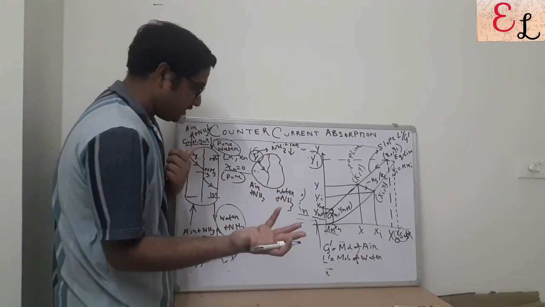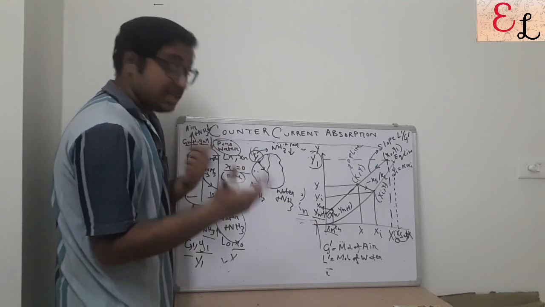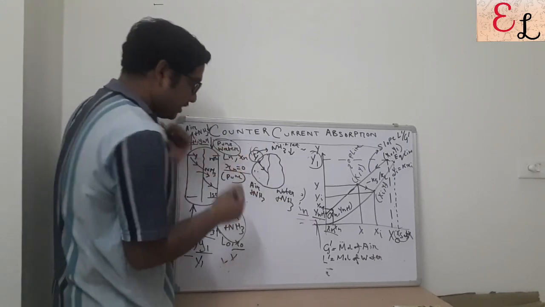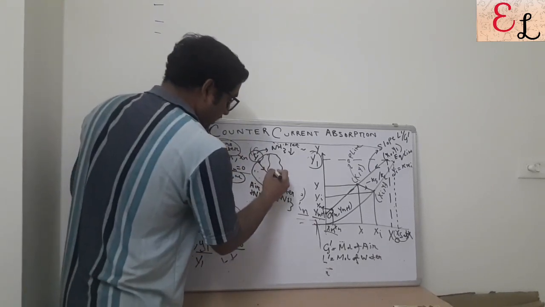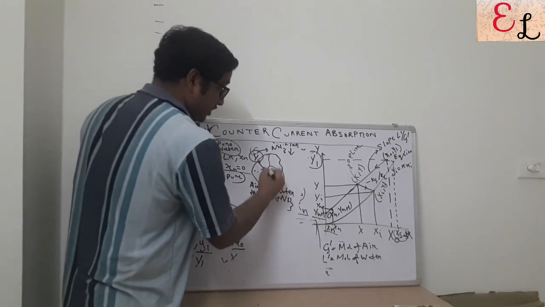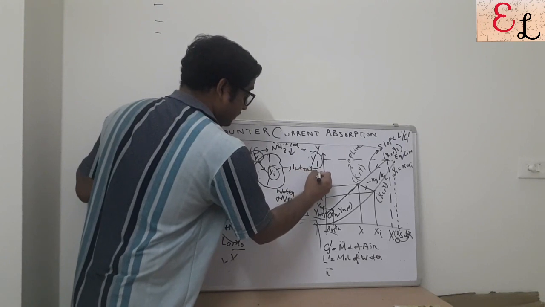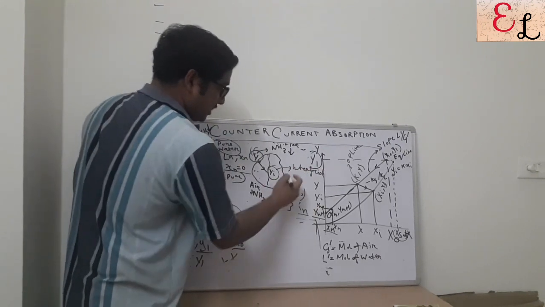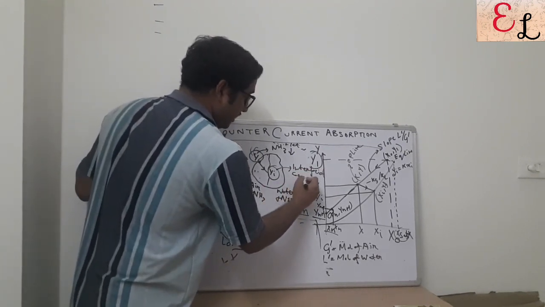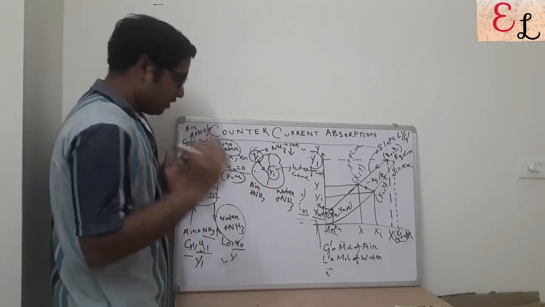That's why the mass transfer is occurring. NH3 is lesser in the liquid state than in the gaseous state. So it will touch an equilibrium or interfacial concentration. This is the interface between the gaseous and the liquid state: interfacial concentration, interfacial mole fraction or interfacial mole ratio.